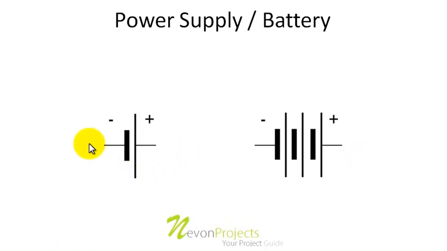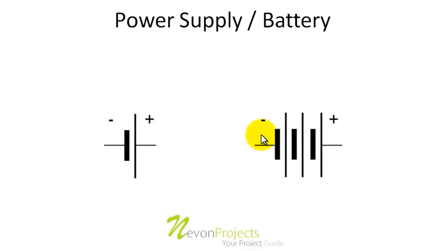As you can see, this is a single cell having polarity as minus and plus, and this is a multi-cell arrangement that can also be called a battery, which has multiple negatives and positives connected in series.